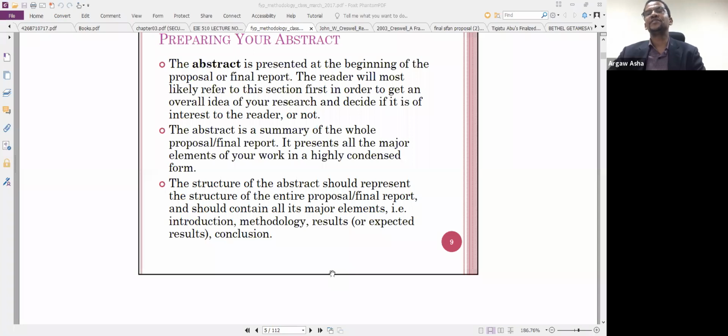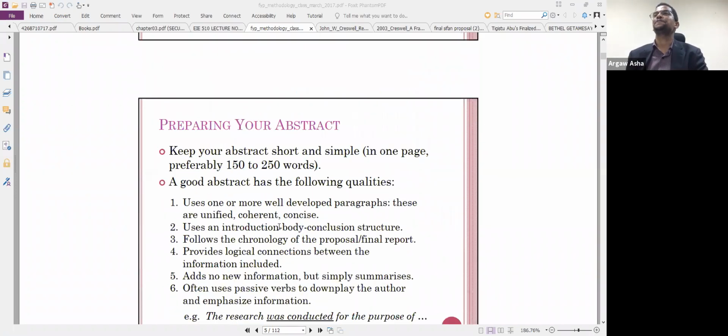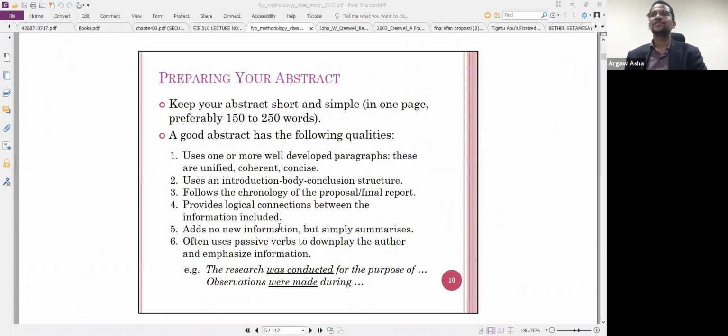You can include the result as it is. But if it is a proposal, you can submit the expected results. So in short, whenever you are preparing your abstract, it is up to 250 words.